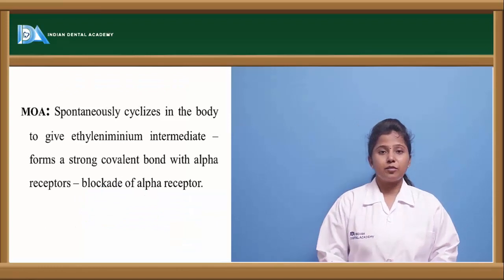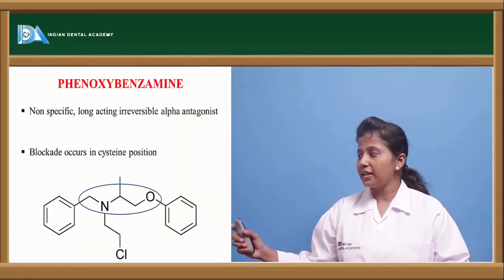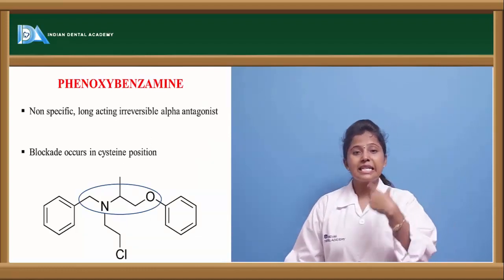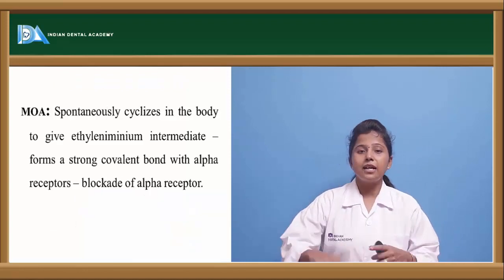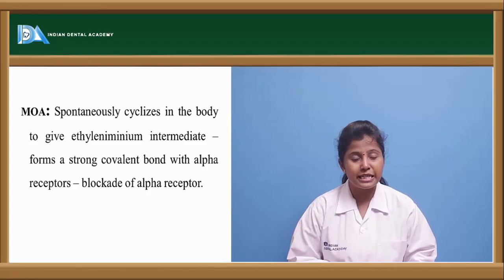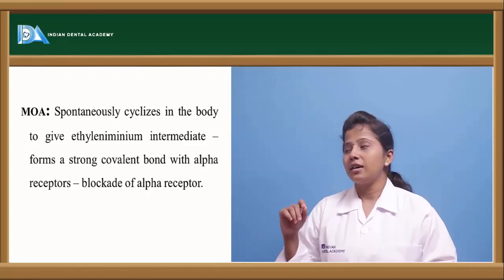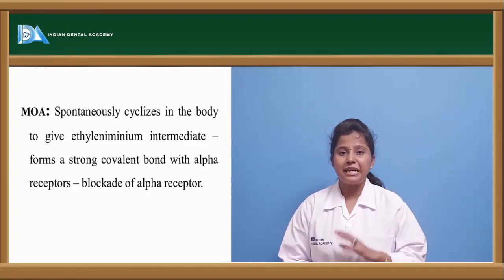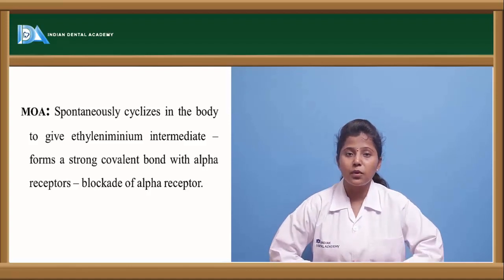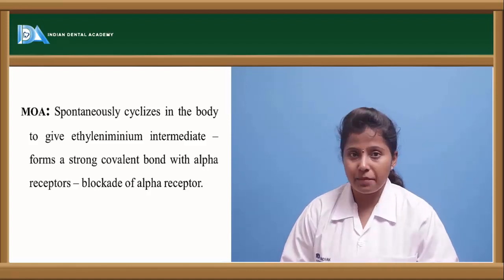Let us see the mechanism of action. In the previous slide, the blockade is occurring at the cysteine position. Once phenoxybenzamine enters the body, it undergoes a cyclization reaction at the cysteine position itself, forming an ethyleneimine intermediate. This intermediate compound is formed because of the cyclization at the cysteine position in phenoxybenzamine.